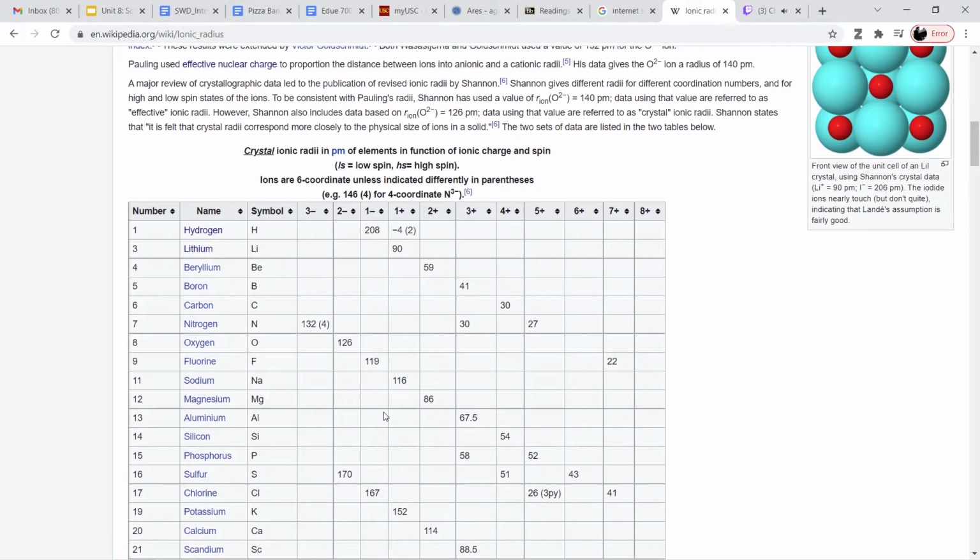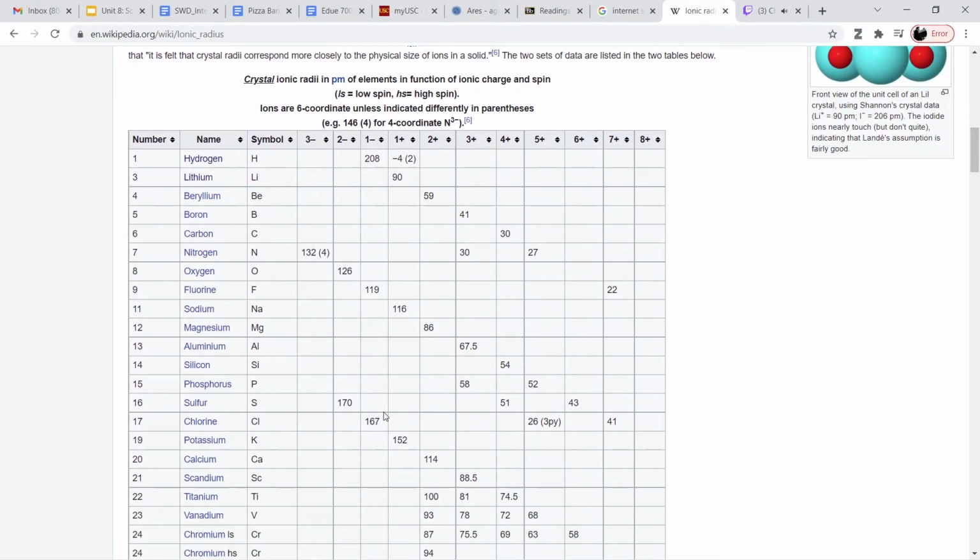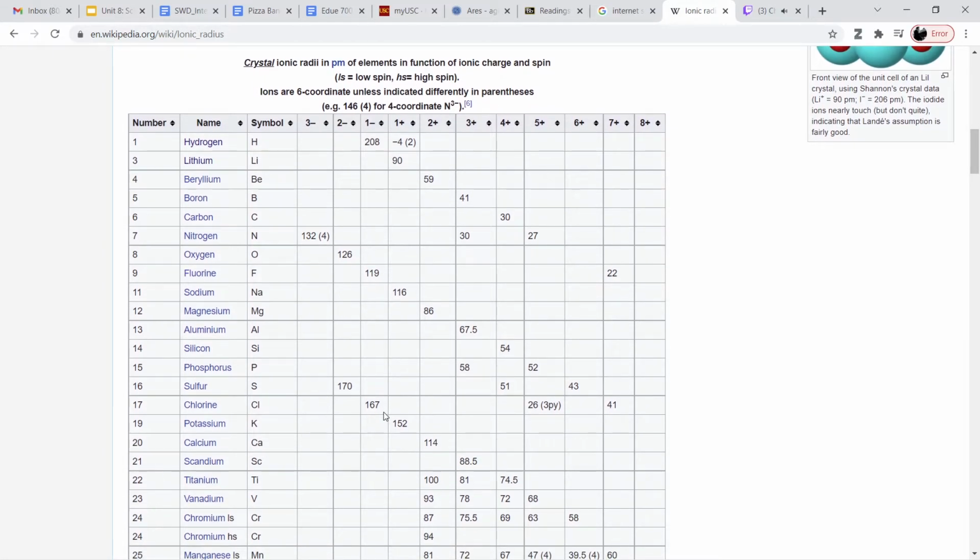Although I think because these are crystalline solids, they're going to be a little bit different. However, the trend here is the same. We're seeing that atoms we'd expect to be bigger, like sodium and fluoride, have the same number of electrons. They both have neon's electron configuration.